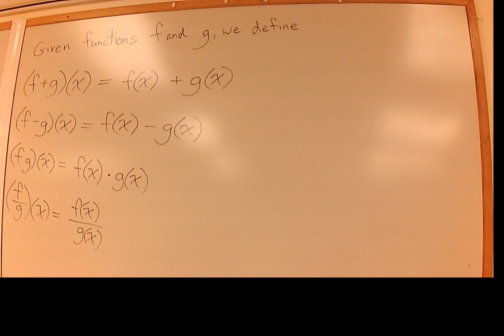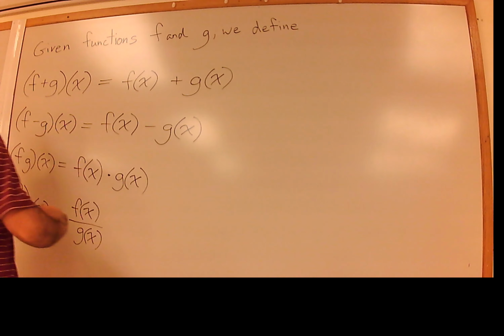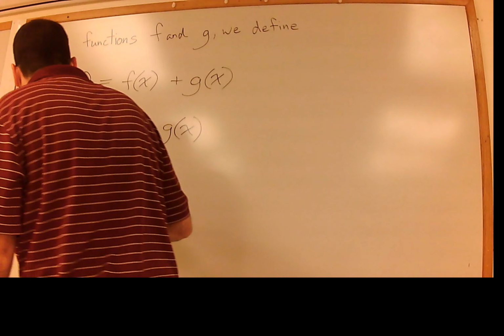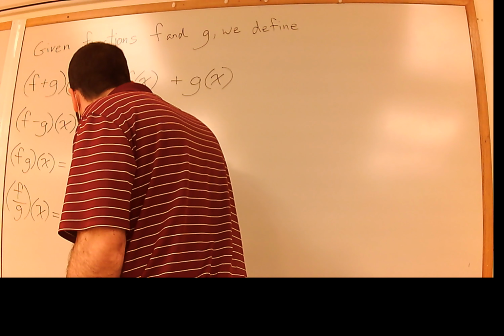What can happen when we divide out? We can add any numbers we want to, subtract any numbers we want to, multiply any numbers we want to, but can't divide by 0, so we have a little extra information we have to put in here.